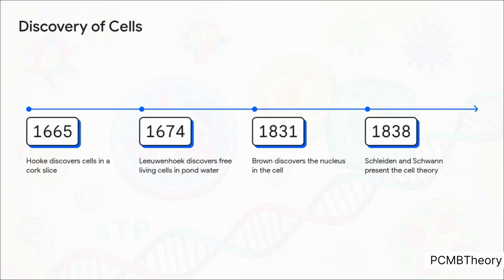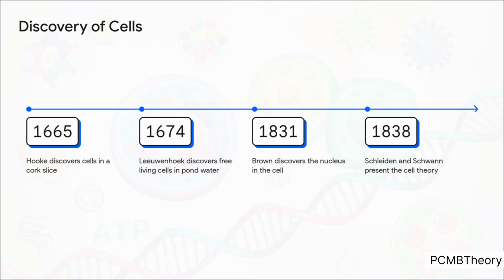And Hooke's seemingly tiny observation sparked a super rapid scientific timeline. Just a few years later, in 1674, Leeuwenhoek used an improved microscope to discover actual free-living cells swimming around in pond water. Then, zooming ahead a bit to 1831, Robert Brown discovered the nucleus hiding inside the cell.